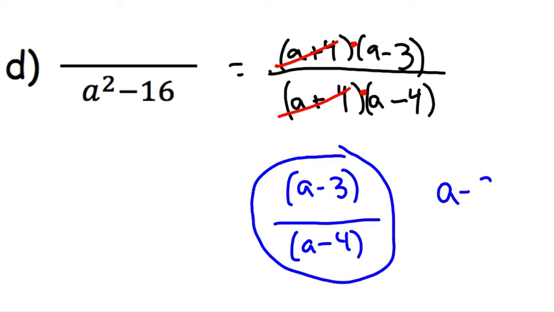You could just have a minus 3 over a minus 4. But usually what happens when I see this written like this is people want to try and cancel things out, where if you leave the parentheses there, it makes it a little more obvious that those are grouped together, and the only way that can be canceled is if it's exactly the same on the denominator, okay? So I tend to leave the parentheses there, but it's not necessary. You can get rid of them.